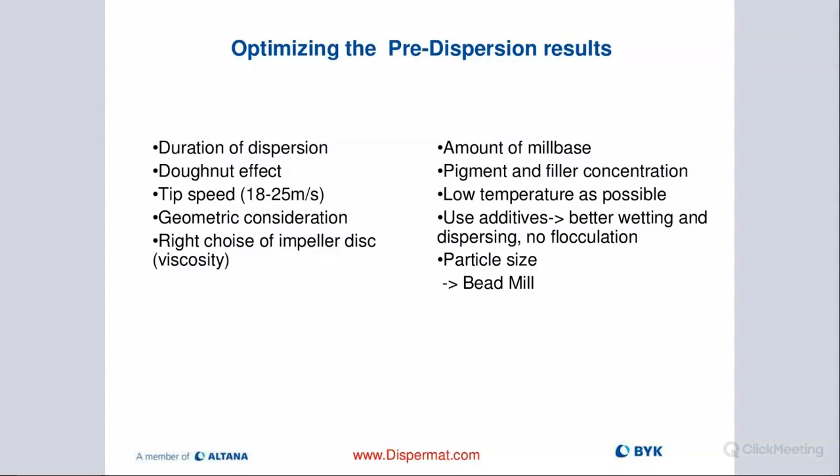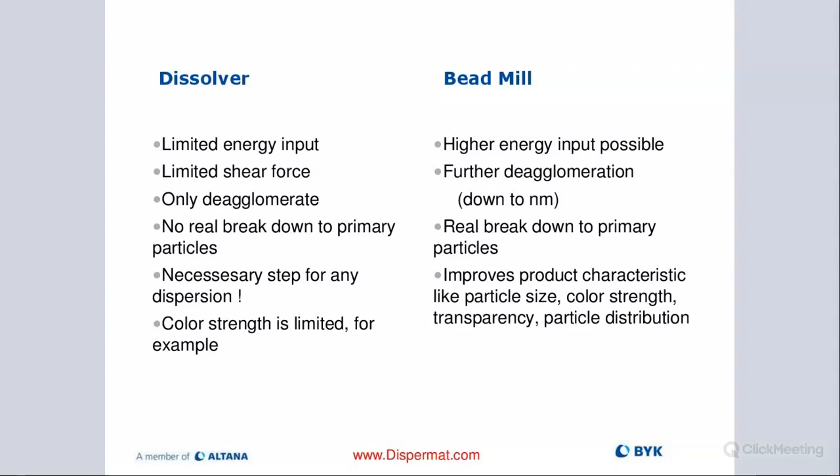And then additives, again, critical, important to maintain good product consistency and that you don't have reflocculation of the pigments post milling. And then look at the particle size, do a Hegman after the pre-dispersion, look at where you are. And then if you are completed with the pre-dispersion process, move over to the media milling to actually get down to the primary particle size.